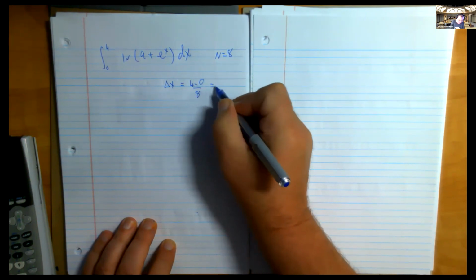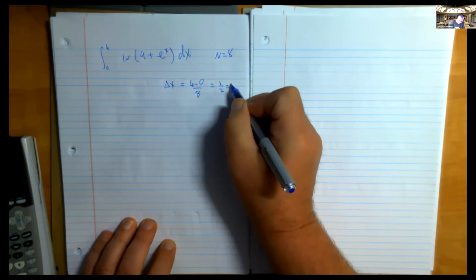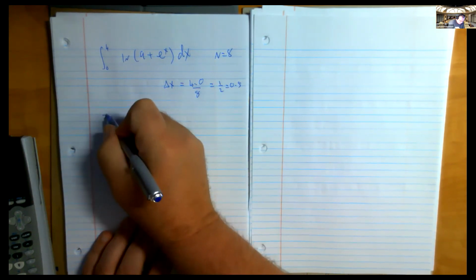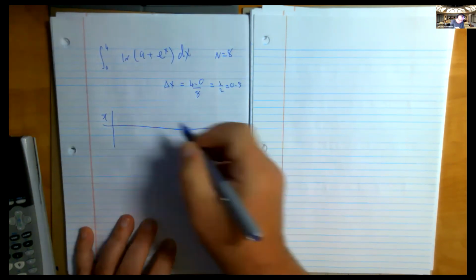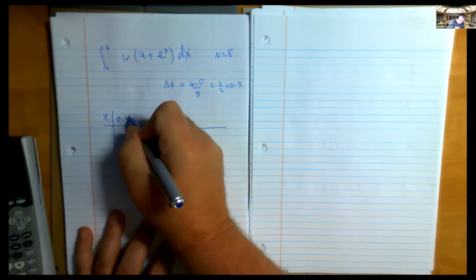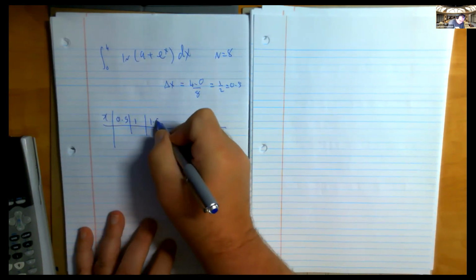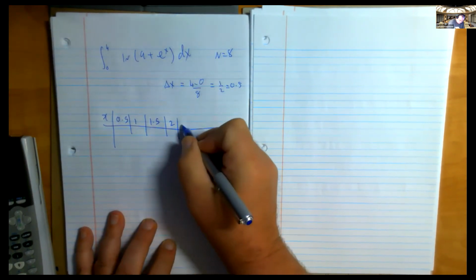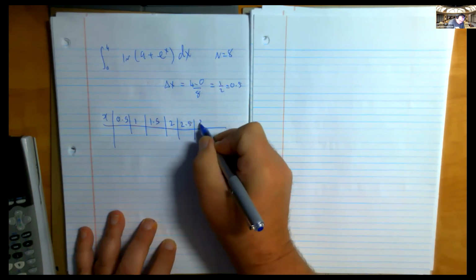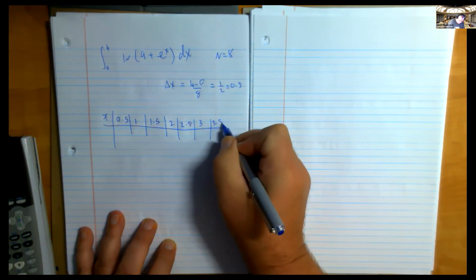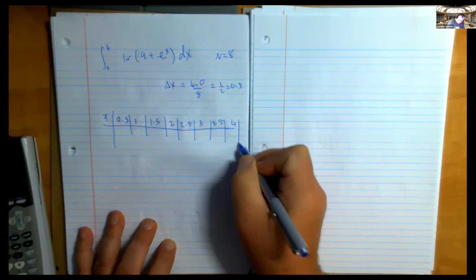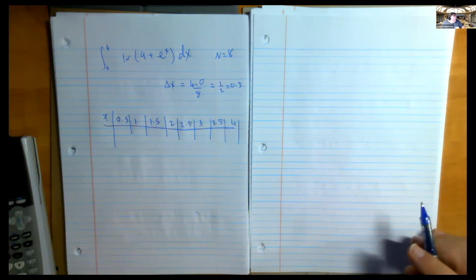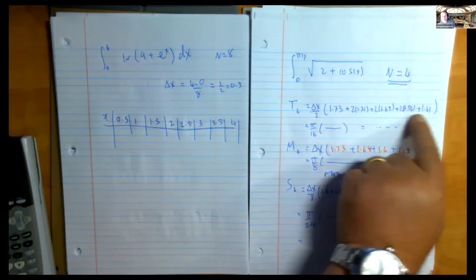That's b take away a, and that's where the 0.5 came from. So my table is going to go 0.5, 1, 1.5, 2, 2.5, 3, 3.5, and 4. If you can fill in this table, then aren't you really just going to do this guy?